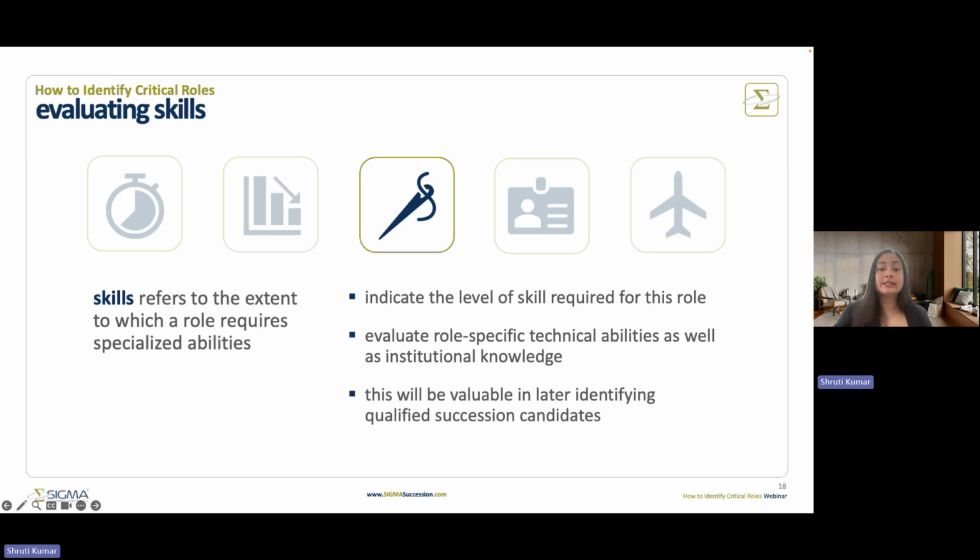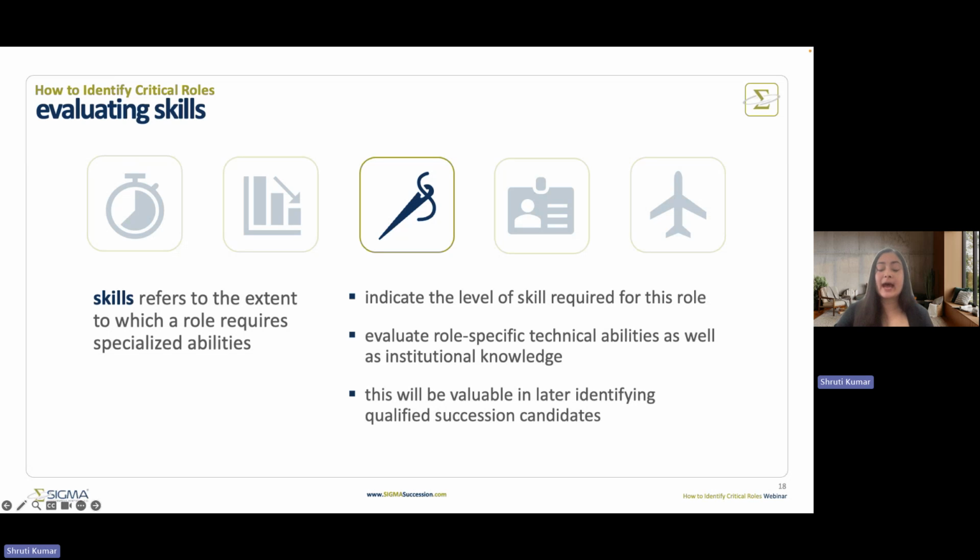You might consider a software management role that involves a wide scope of responsibilities and intimate knowledge of software uniquely used by your organization. Let's say that the employee in this role had been with your company for a long time, so it's easy for them to navigate their day-to-day tasks, but they've actually built their expertise over time. So you may want to consider rating them higher on this criterion.